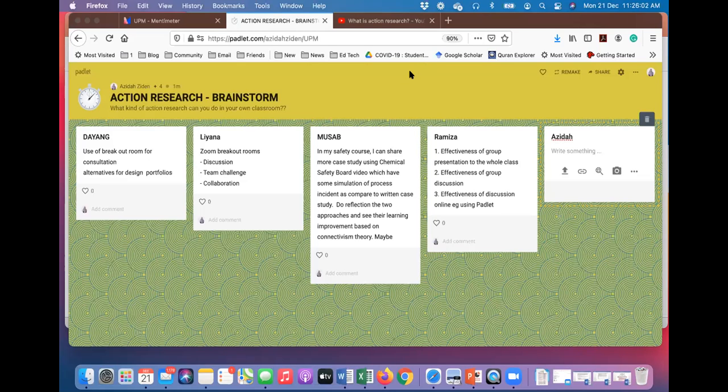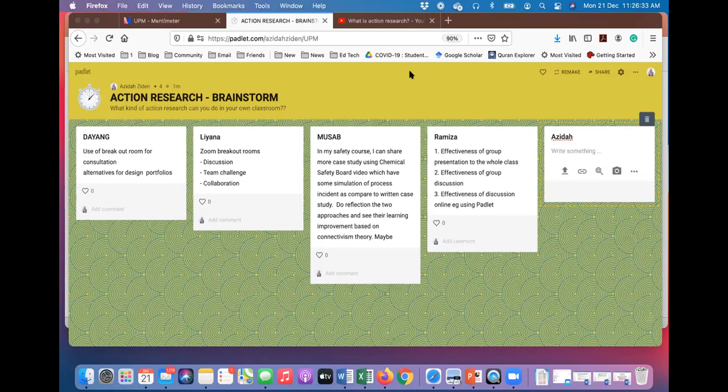Okay, and then one uses story safety board video, and then one maybe has simulation, one maybe ordinary video, one more simulation, and then do reflection on those 2, and then maybe you can do simple assessment on students, when they learn using ordinary video, and when simulation based and so on, and then you include the constructivist theory, then the result is there.